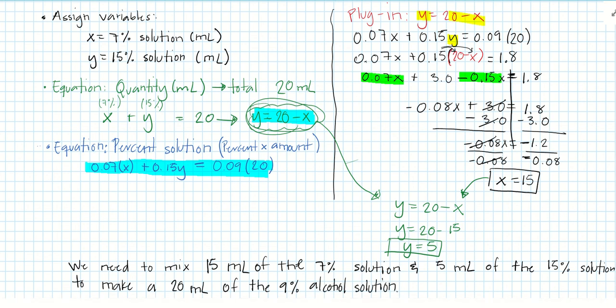And we are done. So again, our solutions are these two: 15 milliliters of the 7% and 5 milliliters of the 15%.